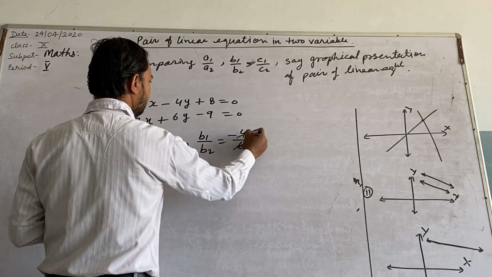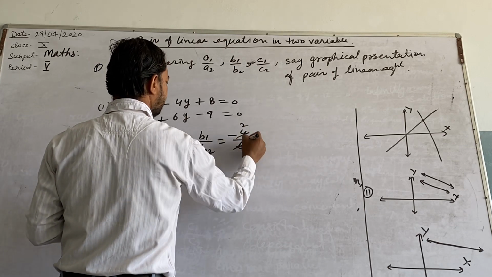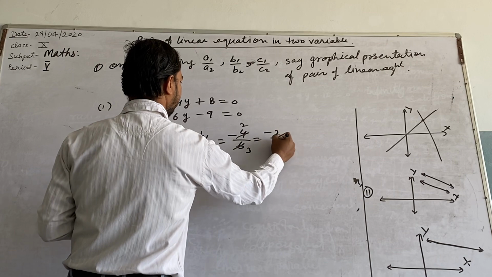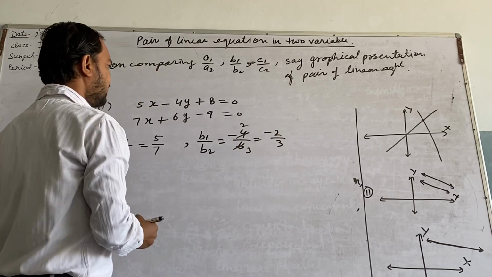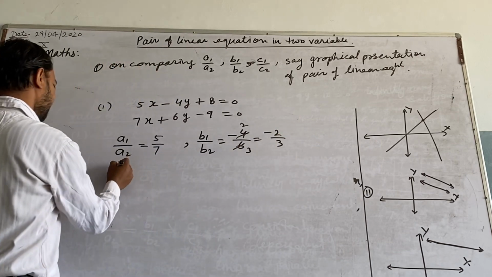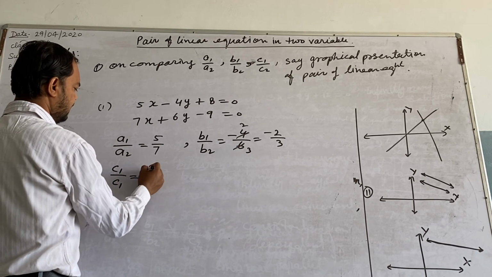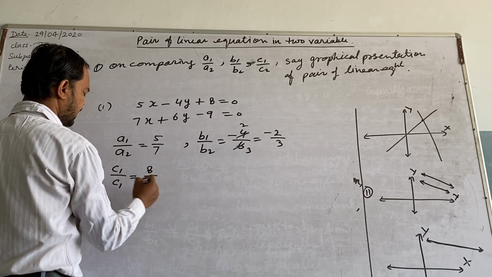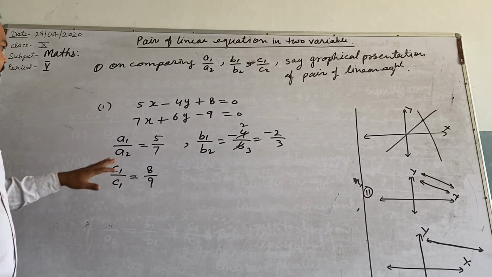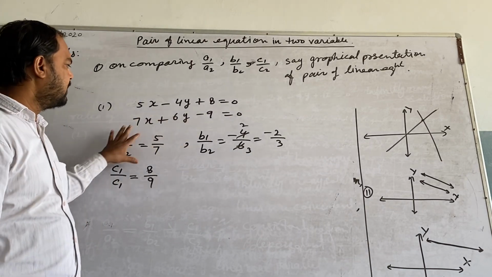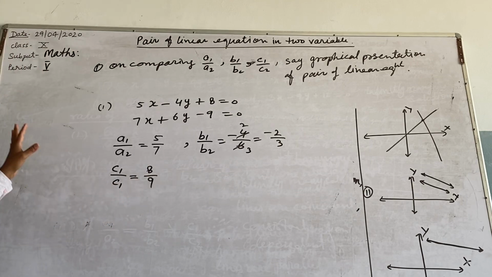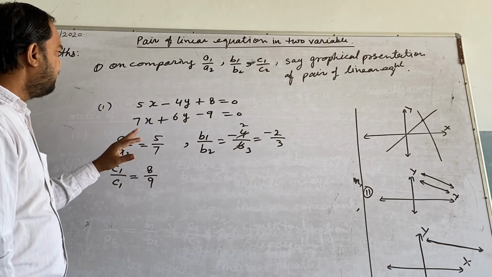You can cancel it, and this will be minus 2 upon 3. Now C1 upon C2, the constant terms, is 8 upon 9. First of all, we find all these ratios, then we come to the comparison.